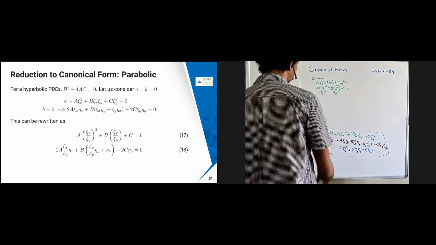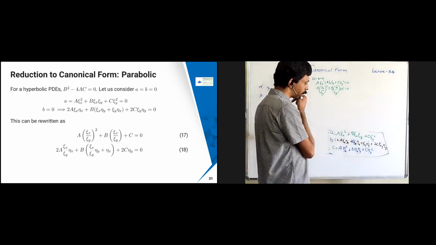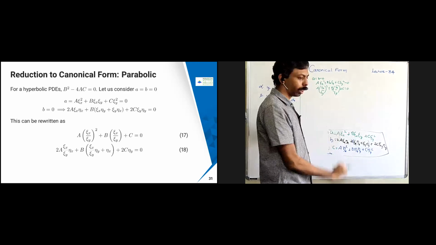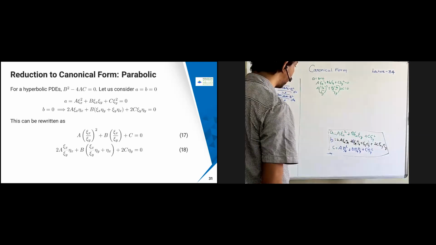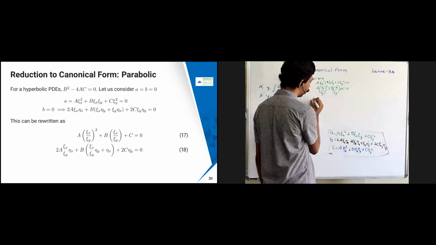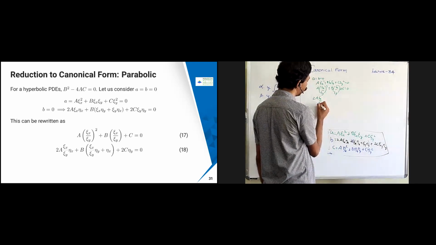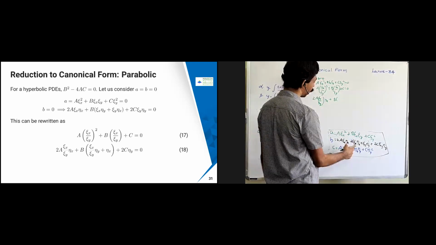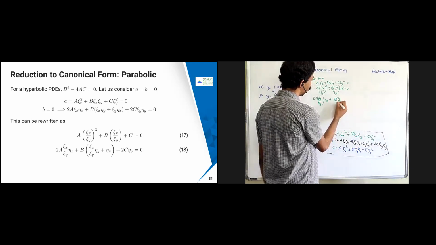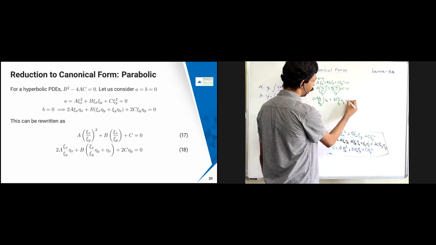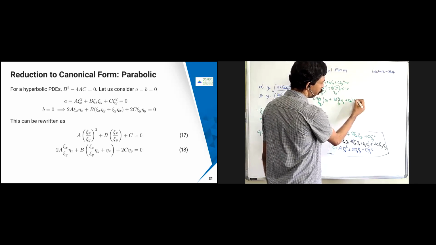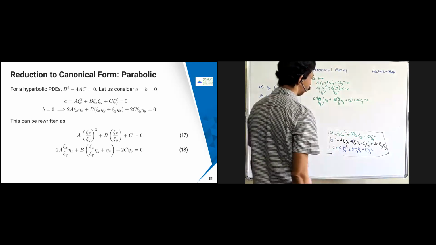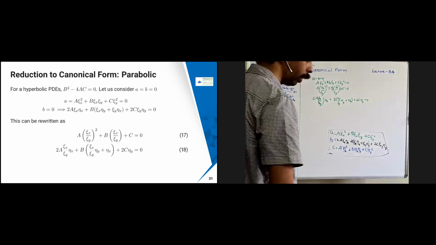For the second equation, once again b equal to 0, so I can just divide by chi y. If I divide by chi y, I'm going to get 2a chi x by chi y eta x plus b into chi x by chi y into eta y plus eta x, plus 2c eta y equal to 0. Fine?